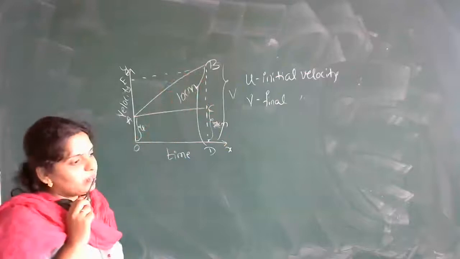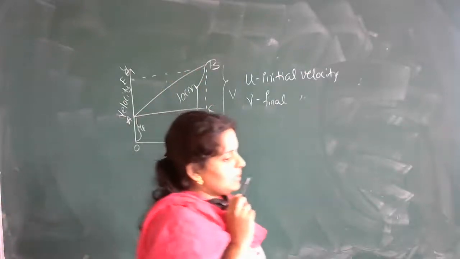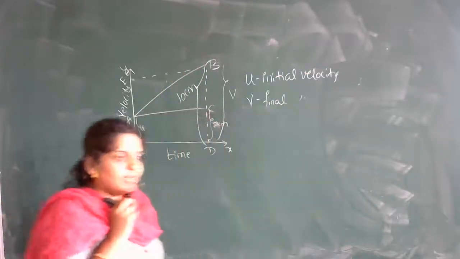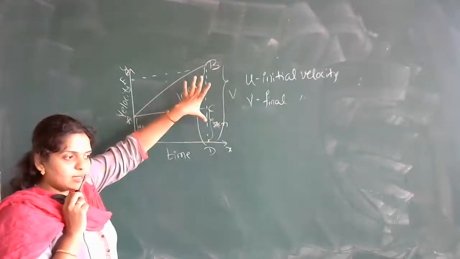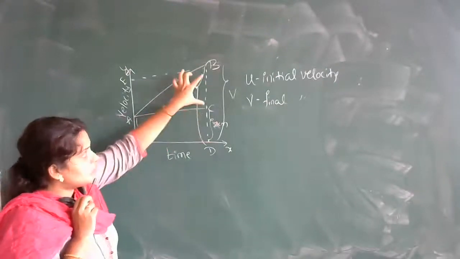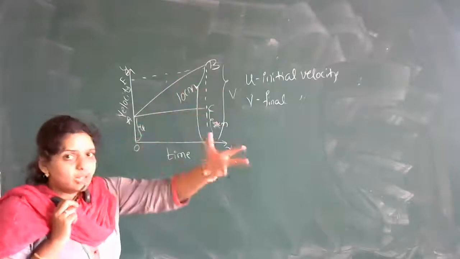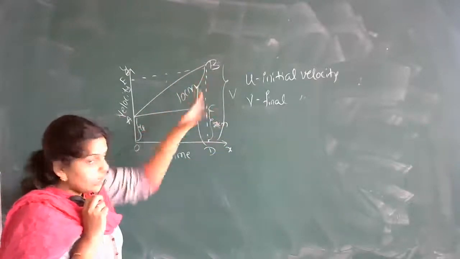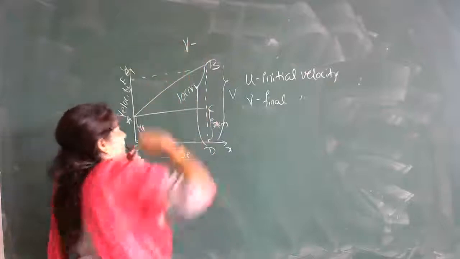Then what is the remaining value? 8 centimeter. Correct? Total is 10, this much is 2, therefore remaining is 8 centimeter. In the same way, total is V. So V minus, how did you get it?